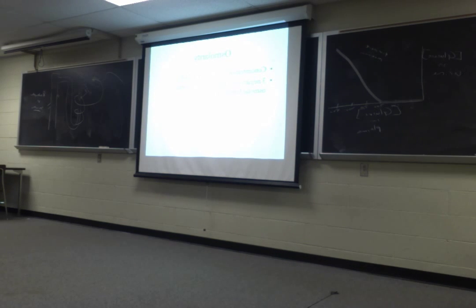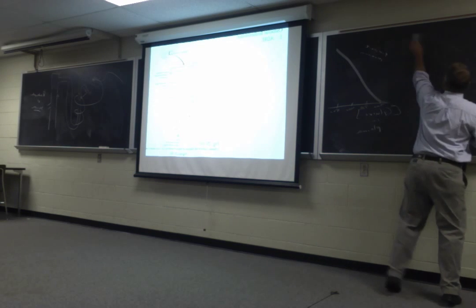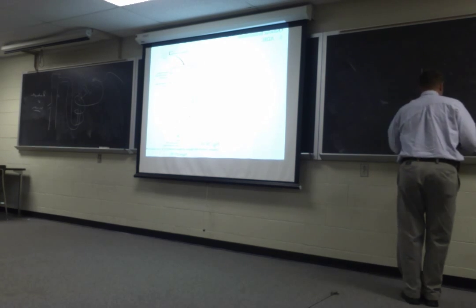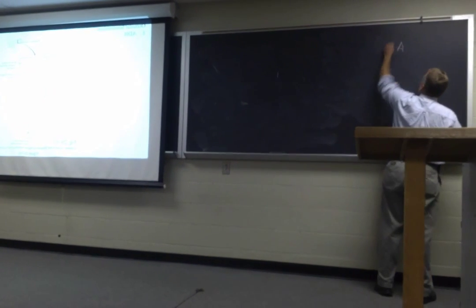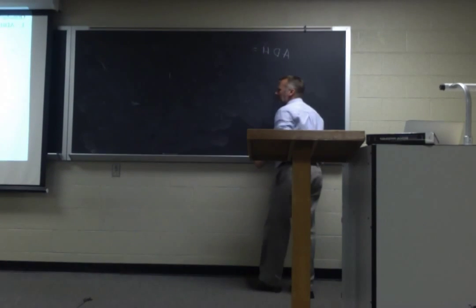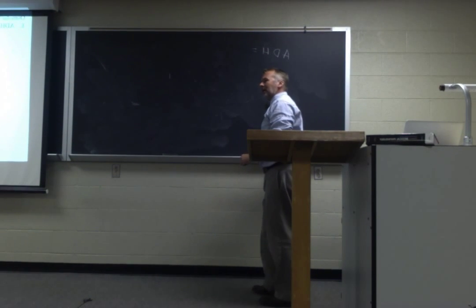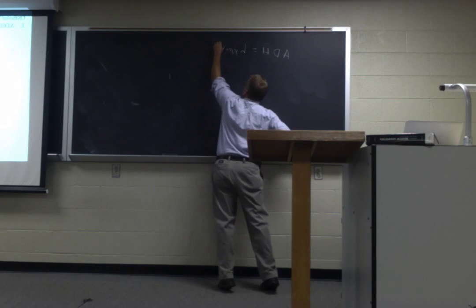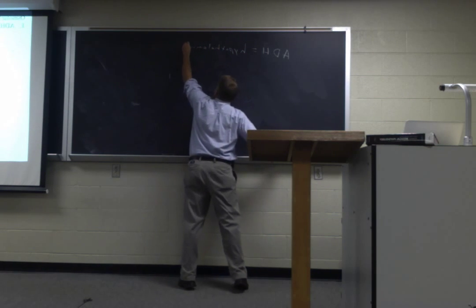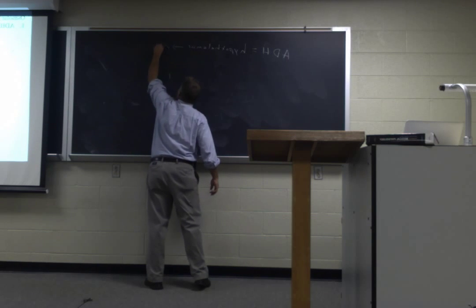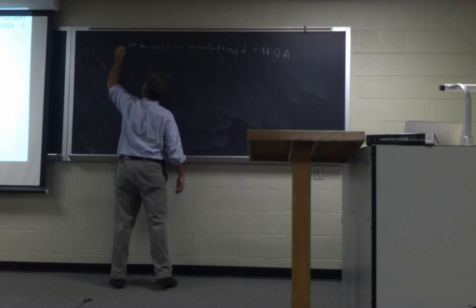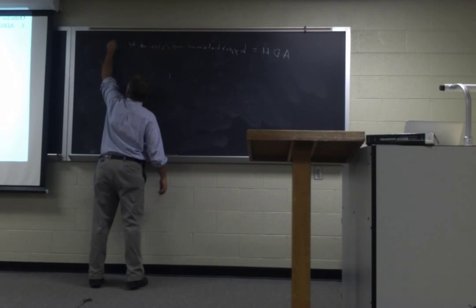The first one is the ADH system. ADH is a hormone. It's made by your hypothalamus, and it's released by your posterior pituitary.